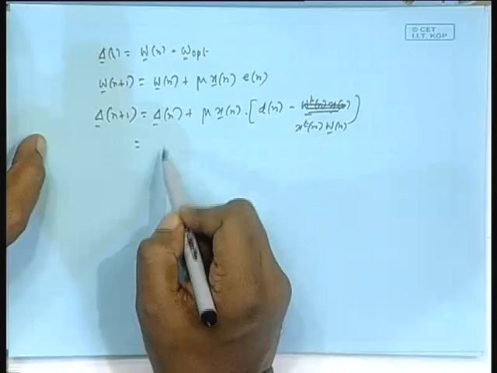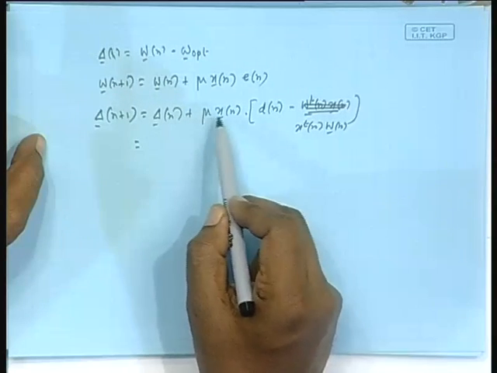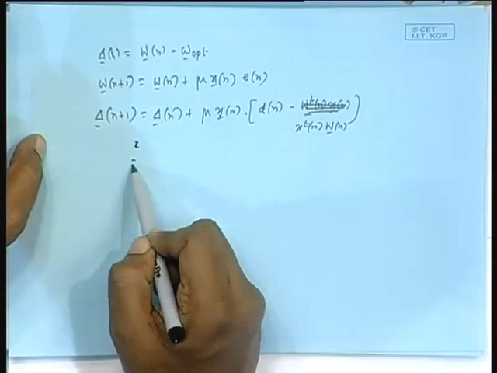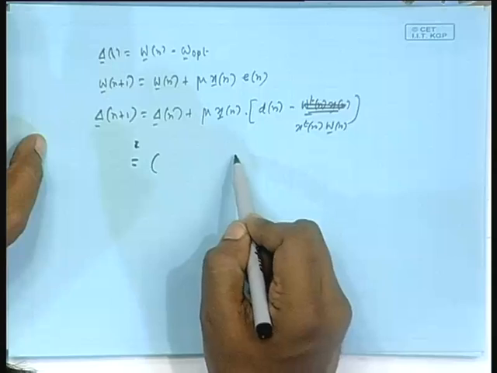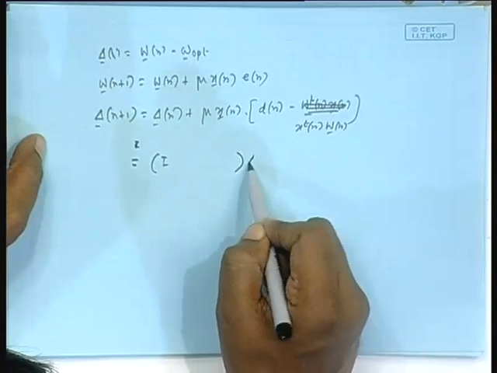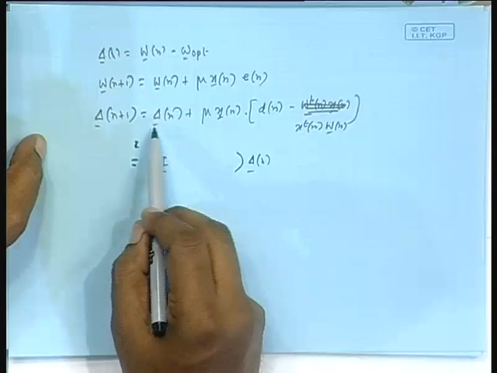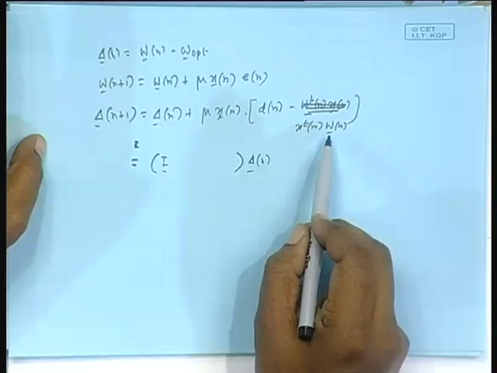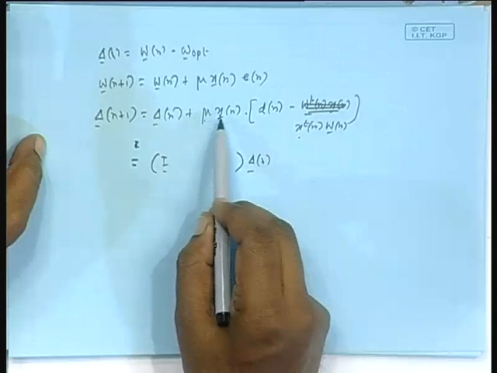So, I have got delta n, then mu x n x transpose n delta n. Can I skip the intermediate step? You can see possibly, identity matrix I into delta n will give you this. So that is taken care of. There is another delta n coming here, x transpose n delta n, and before that mu x n.